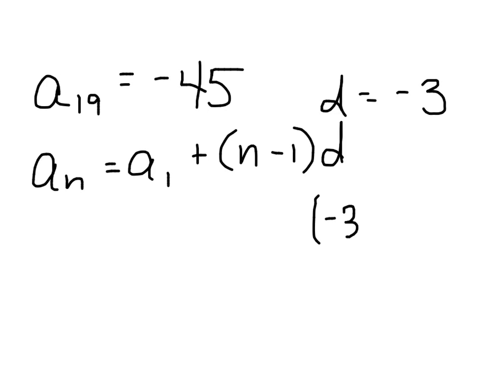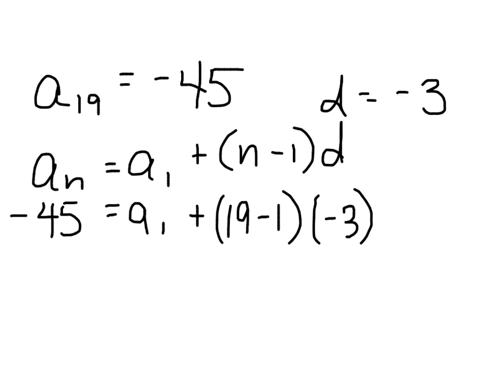Negative 3 is the d. What about the 19, Hunter? That would be the n. Hunter, do you know what the first term is? No. That's the 19th term. You don't know what the first term is, but what you do know is when you put in 19, you got out negative 45. Negative 45 is your a sub n.